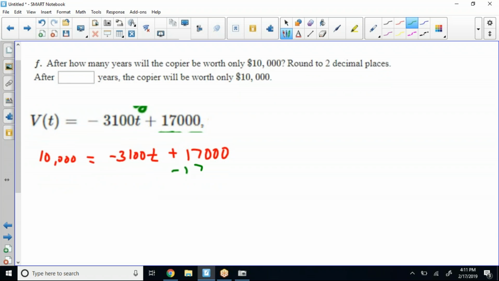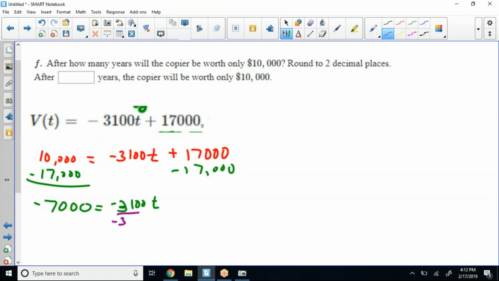So that's minus 17,000. That's negative 7,000 equals negative 3,100 t. And of course, what you do is divide by negative 3,100.